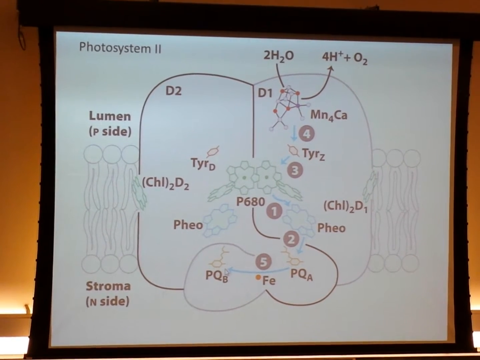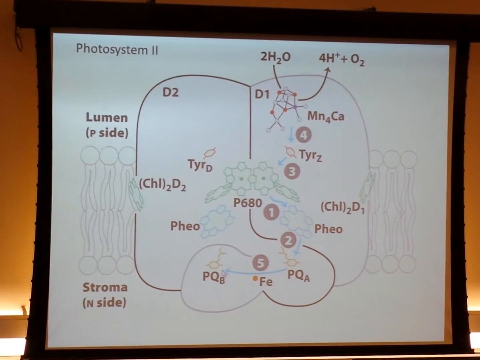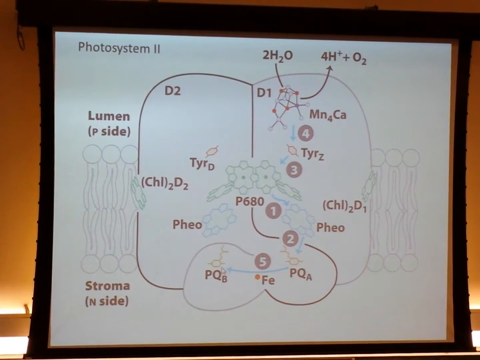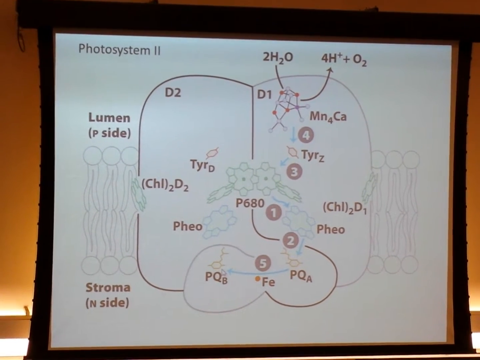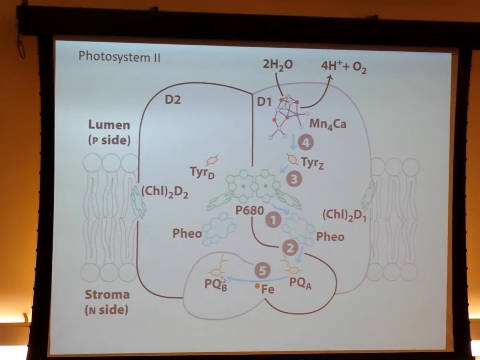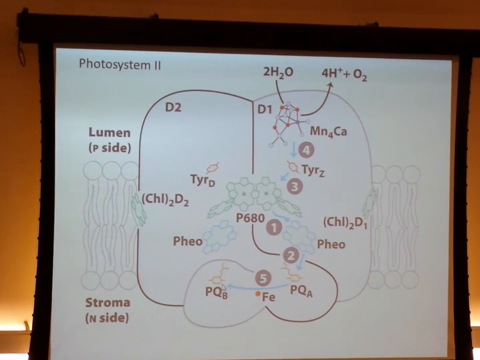PQB is the one that is hydrophobic and will move in the membrane of the thylakoid. So PQB does the same thing as CoQ in the mitochondria. It's hydrophobic. It can carry 1 or 2 electrons and 1 or 2 protons.